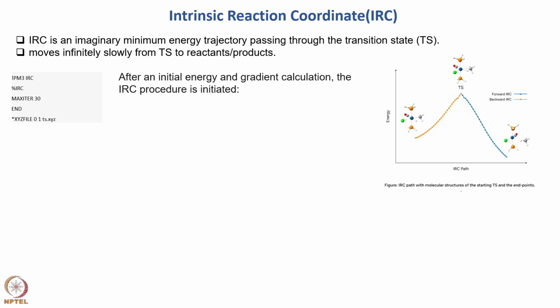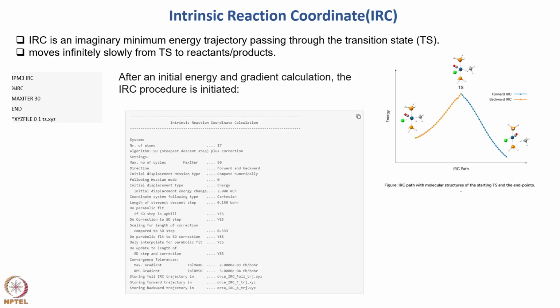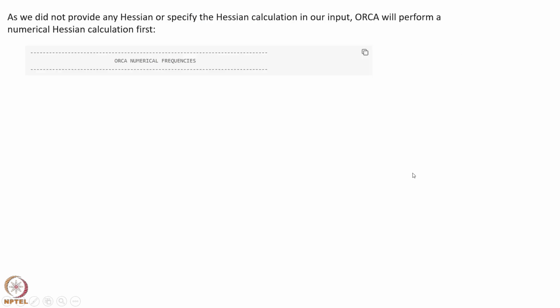And what it does is that after the initial energy and gradient calculation, it starts the IRC procedure. So the output file will look like this. Forget the number of atoms, it's for a different system. So this is what happens in an IRC. Start from the TS, it goes in the forward direction to the product and the backward direction to the reactant.